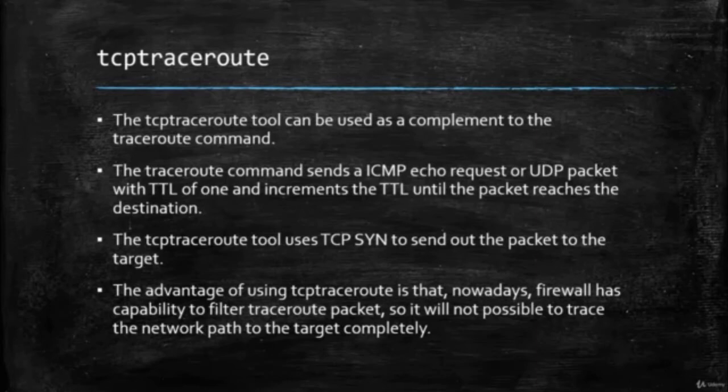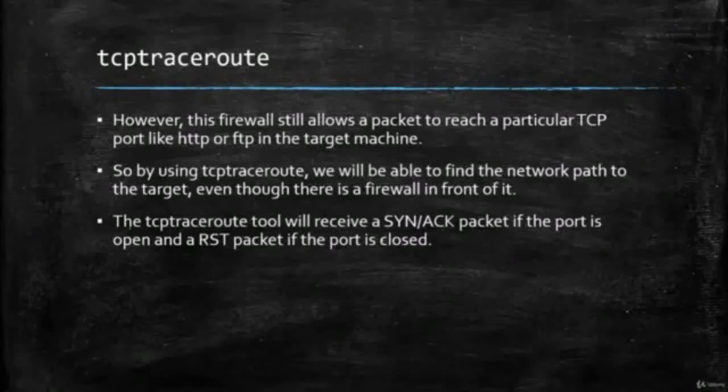The advantage of using TCP traceroute is that nowadays firewalls have the capability to filter traceroute packets, so it will not be possible to trace the network path to the target completely. However, the firewall still allows a packet to reach a particular TCP port like HTTP or FTP on the target machine.